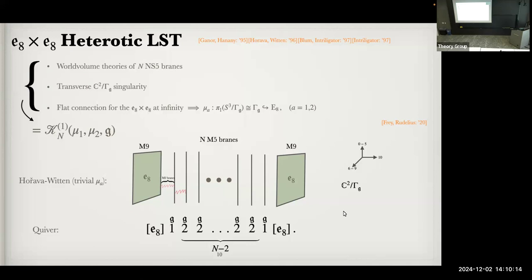Because this thing also carries the C2 mod, whatever, if you make it ALF, it will carry more than just KK charge. It depends on what the gauge model is doing over it. So I think the choice of flat connection is probably specifying some total instanton charge. And it will flip one to the other.